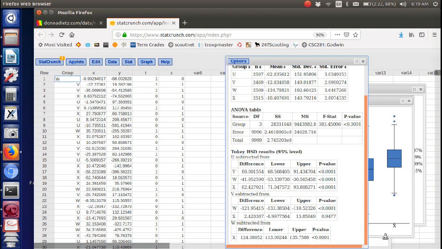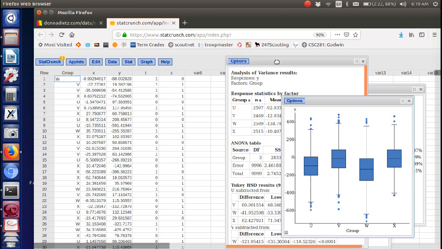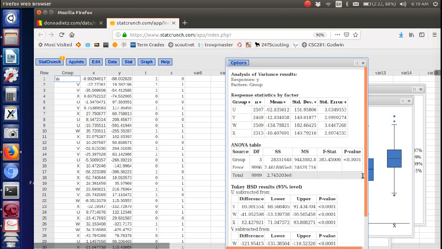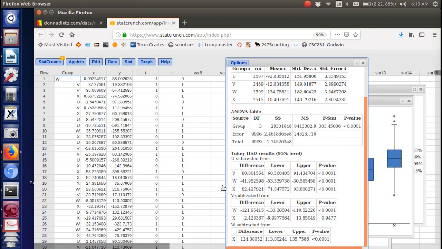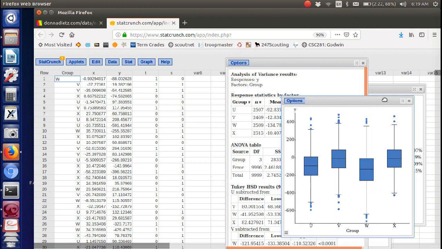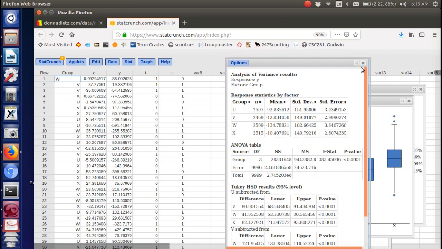It should be somewhat in line. So Tukey is saying that these two, where was the similar one again? Aha, V versus X. V versus X, these two are statistically similar, and Tukey can't tell the difference. But Tukey can tell the difference between U and W, and certainly all the other groups are different. So that's what ANOVA is saying.